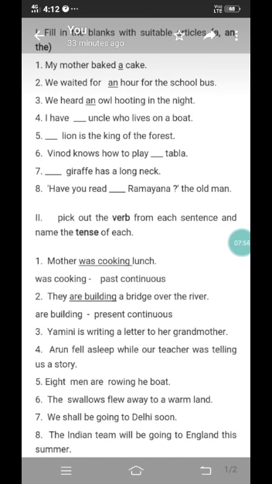Next, fourth one. Arun fell asleep while our teacher was telling us a story. So what is an action word here? I can find 2 words. One is fell asleep and another one is was telling. So 2 verbs are there, children. Don't blindly think that in every sentence we can find only one.